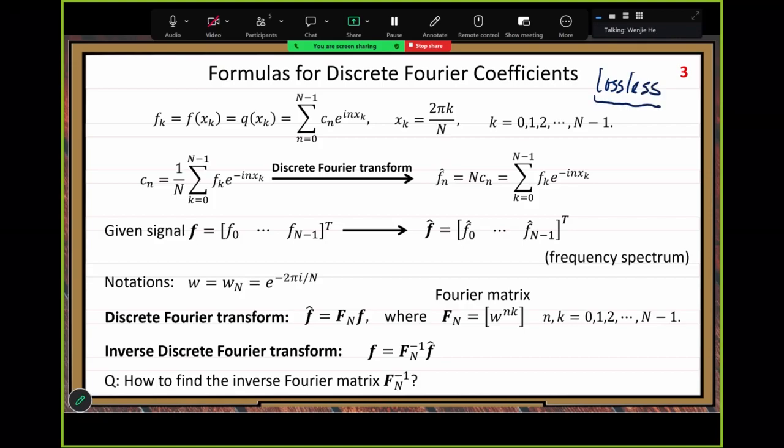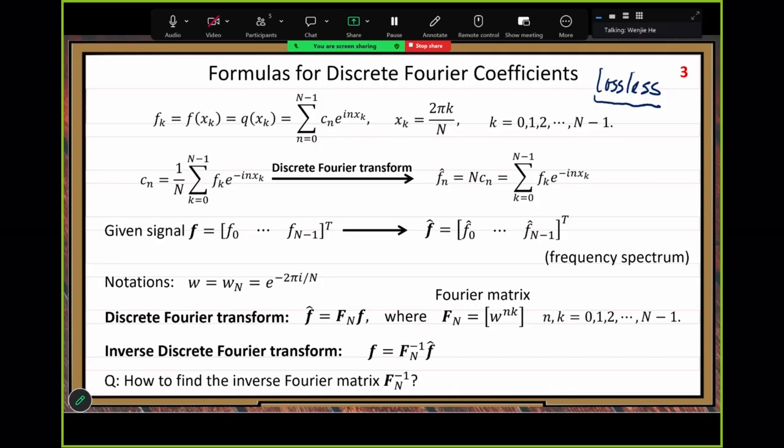All right. Because we need to recover. We need to go back. Okay? After the data processing, we need to get back to the original domain to interpret our data. All right.